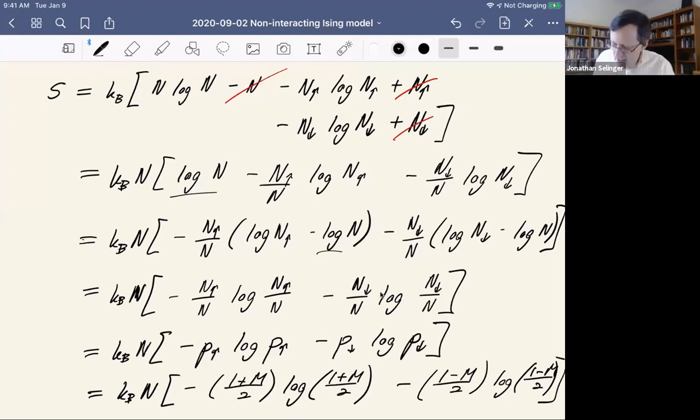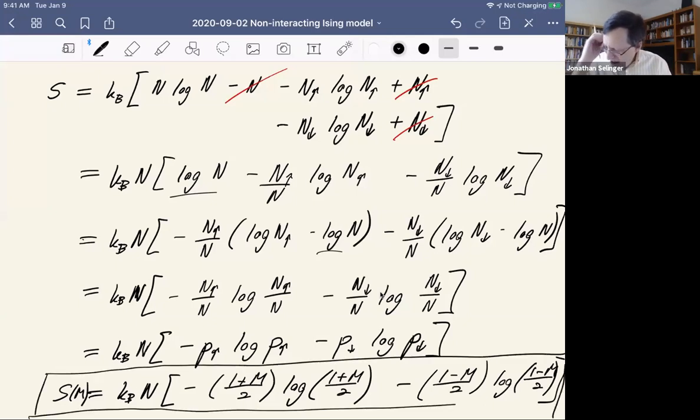Okay, so here's a nice equation for the entropy, and it depends on m. So this is kind of what I was looking for. I was looking for an expression to say, if I'm classifying the microstates into macrostates based on what's the number for m, here is the entropy associated with that value of m.